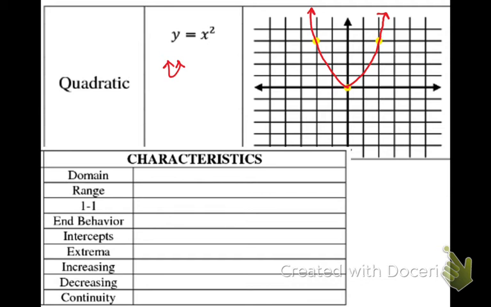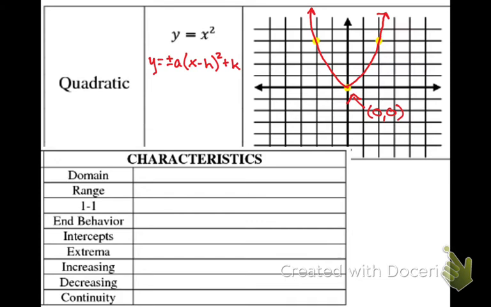So this is the parent function. My vertex, my anchor point is right here. The way I write it out is y equals, remember the plus or minus a, x minus h squared plus k.